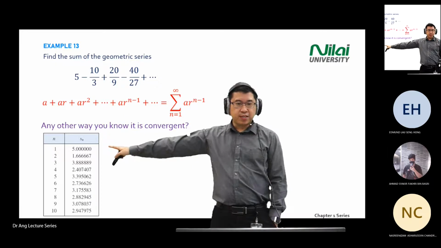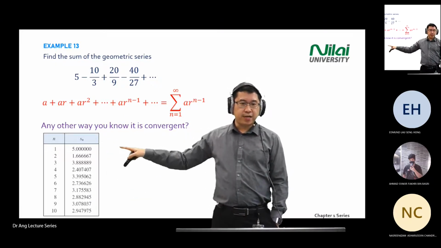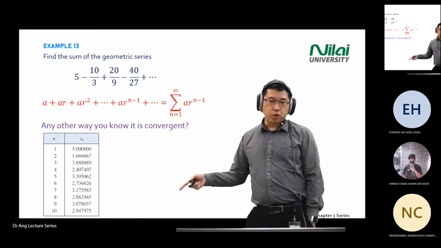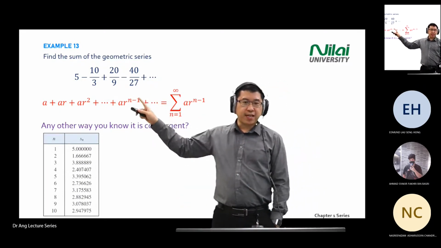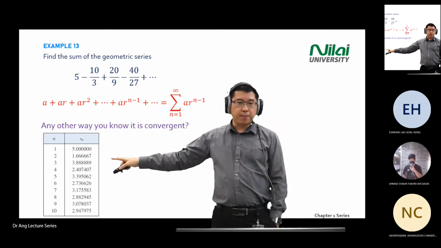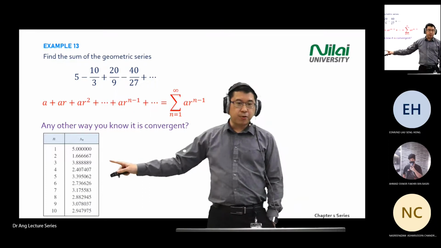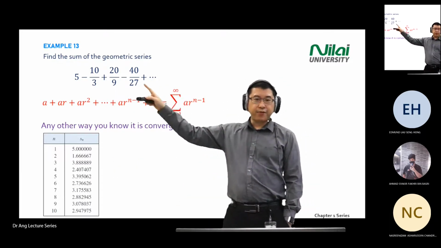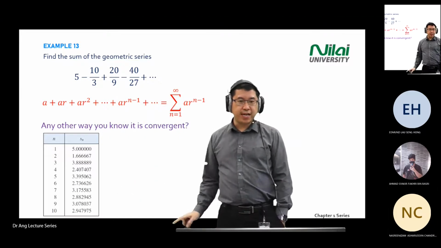So you can use the series that we explained just now. You add the first number, n equals 1, the first number 5. If n equals 2, you add two numbers together: 5 plus negative 10 over 3, you get 1.666. If you add the three numbers together, you get 3.88. You add the fourth number, you get 2.407, and so on.